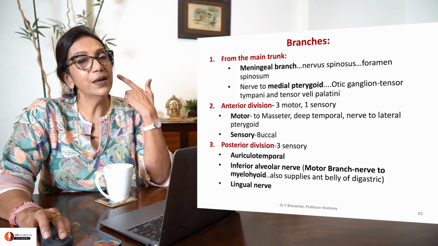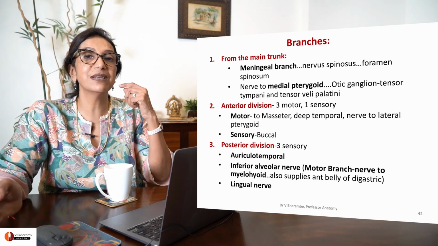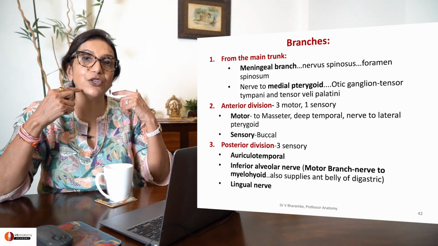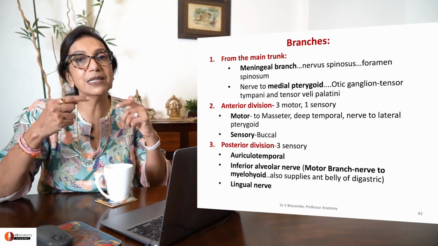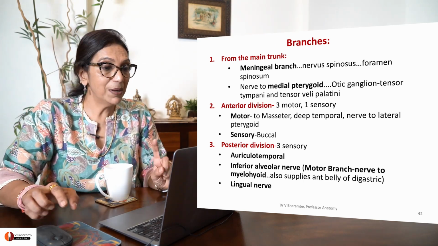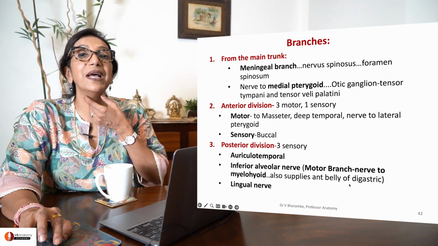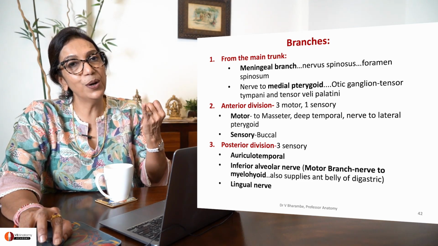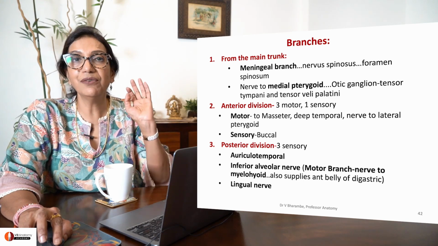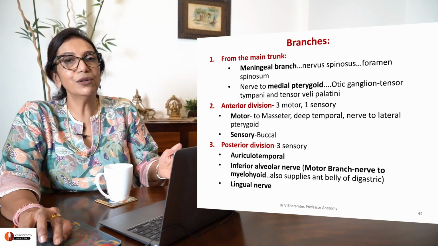Auriculotemporal going to your parotid, inferior alveolar supplying the lower alveolar margin, the teeth, and the lingual supplying the tongue. But this inferior alveolar gives rise to 1 motor branch, which supplies the last 2 muscles, your mylohyoid and your anterior belly of digastric.